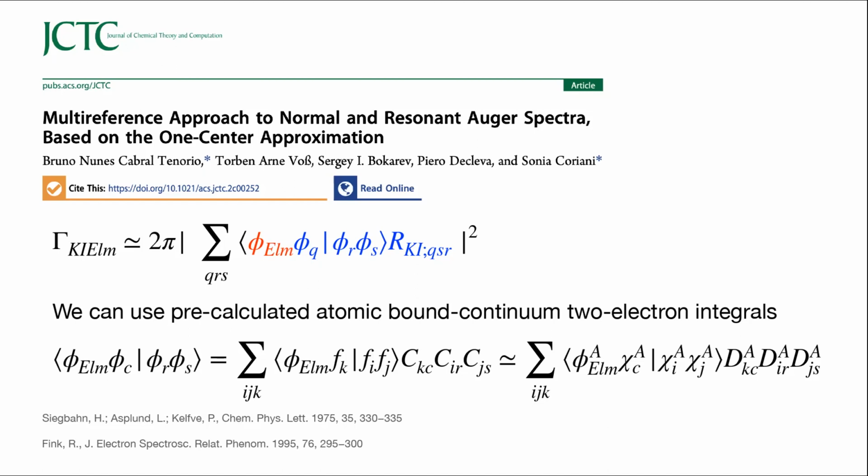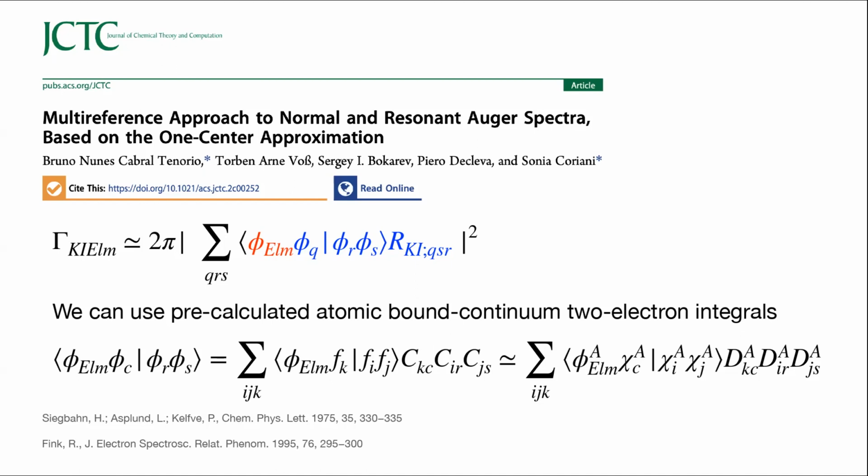And we could reach that in this recent publication, with the participation also of Sergey, with this one-center approximation method. The one-center approximation is an old approximation. It goes back to 1975 and was also very well exploited by Ingolf Fink in the 90s and 2000s.